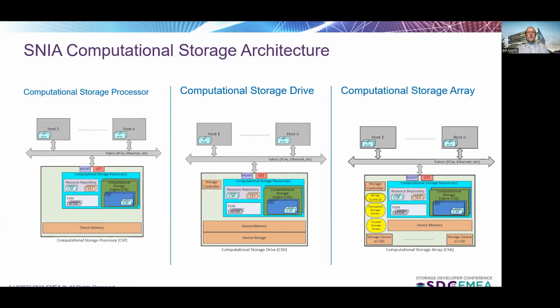The computational storage processor is a standalone processor that has access to storage, but does not actually contain device storage on it. Next is the computational storage drive. It is the same as the processor, except that the storage is actually on the computational storage drive.